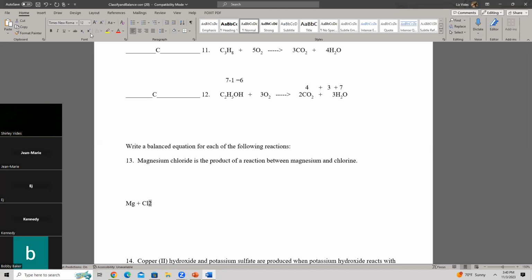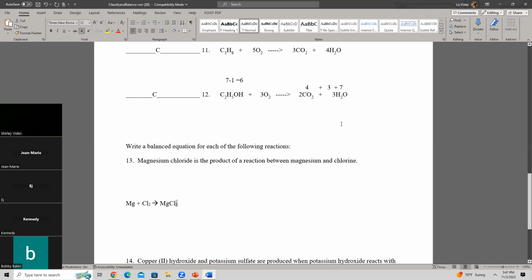And this is diatomic, so we need a double. And we are saying it's the product, which means that goes on the left-hand side. The magnesium chloride goes on the right. So MgCl2, based on what we've learned how to do. Now we need to balance. Actually, there is no need to balance. They're already balanced, right?